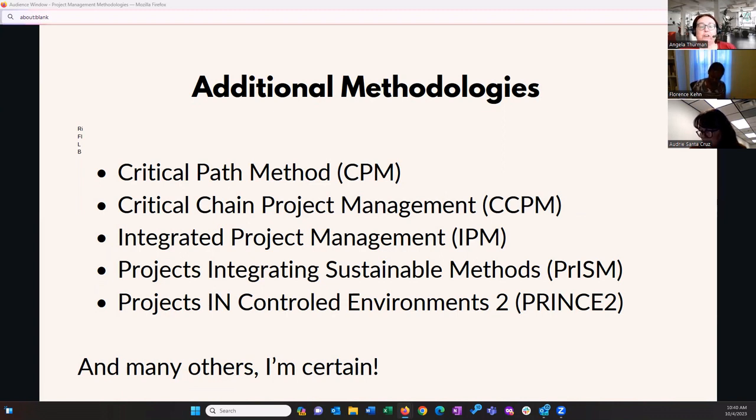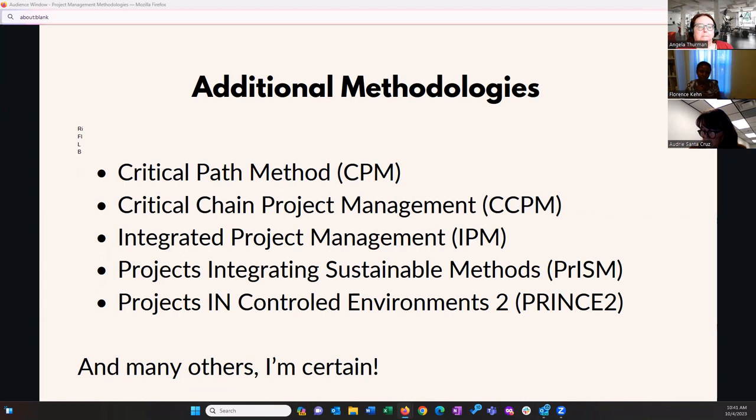So that is the critical path. And then the critical chain project management is similar to critical path, but it's not exactly the same. Critical chain takes into account any other resources and dependencies, those sorts of things.